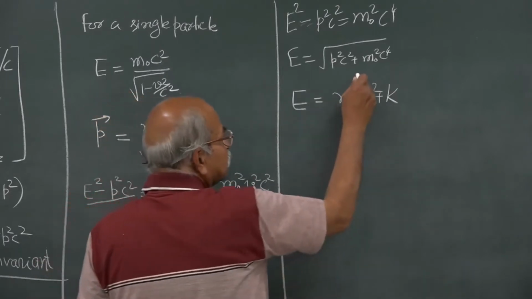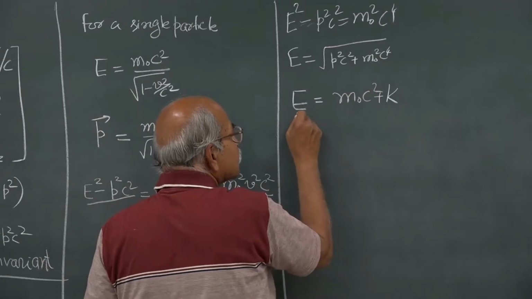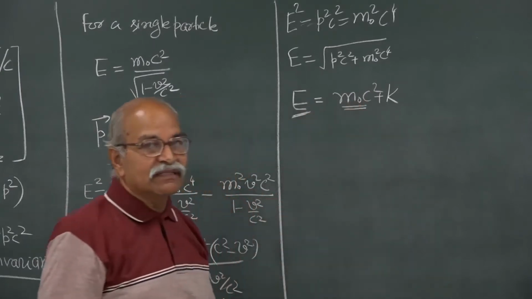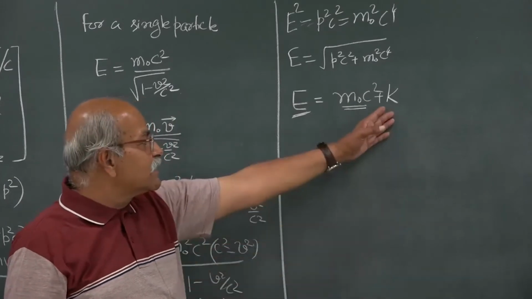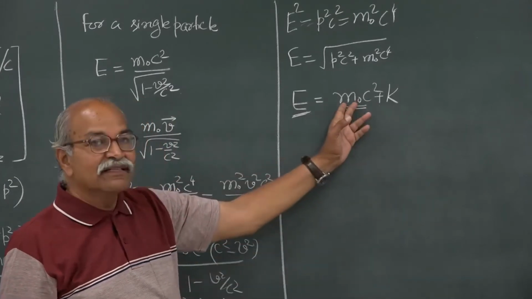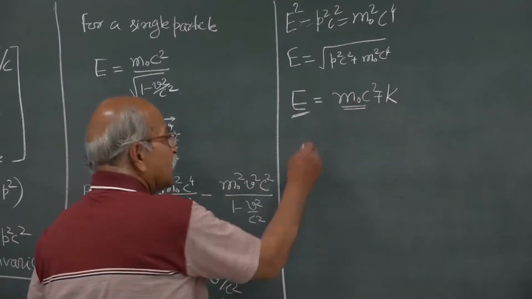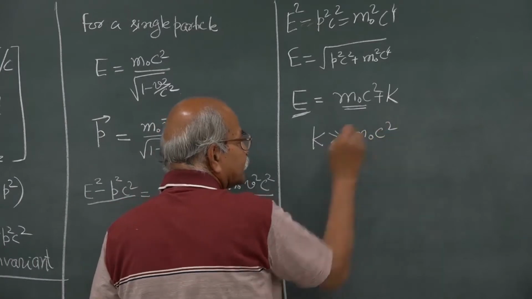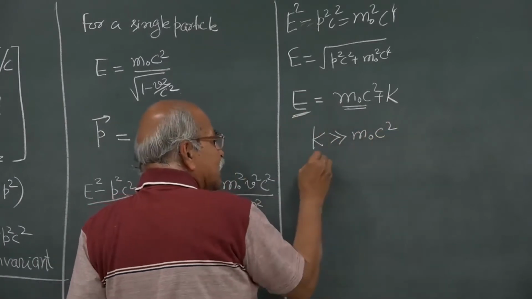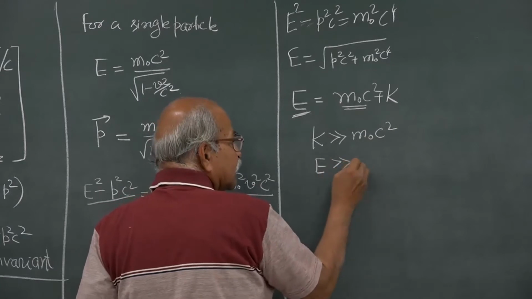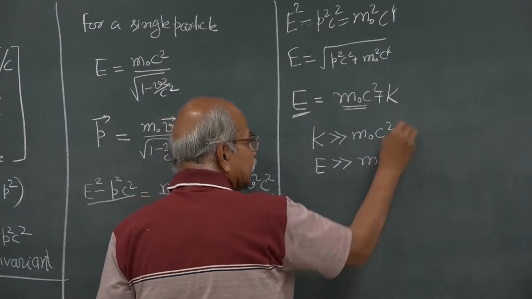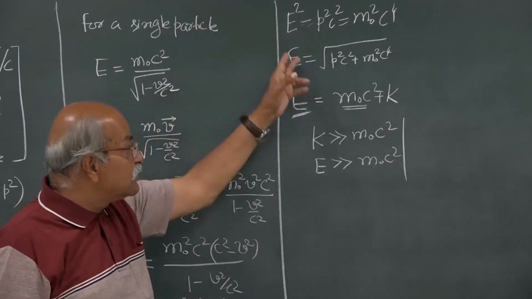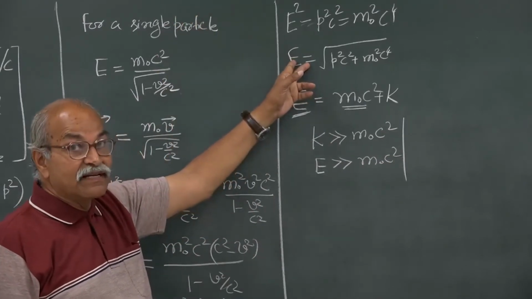Now, if this total energy is much larger than m naught c square, the rest mass energy, or if the kinetic energy K is much larger than m naught c square, then E will be much larger than m naught c square, that means the relativistic correction is very much needed, you have to go for it.